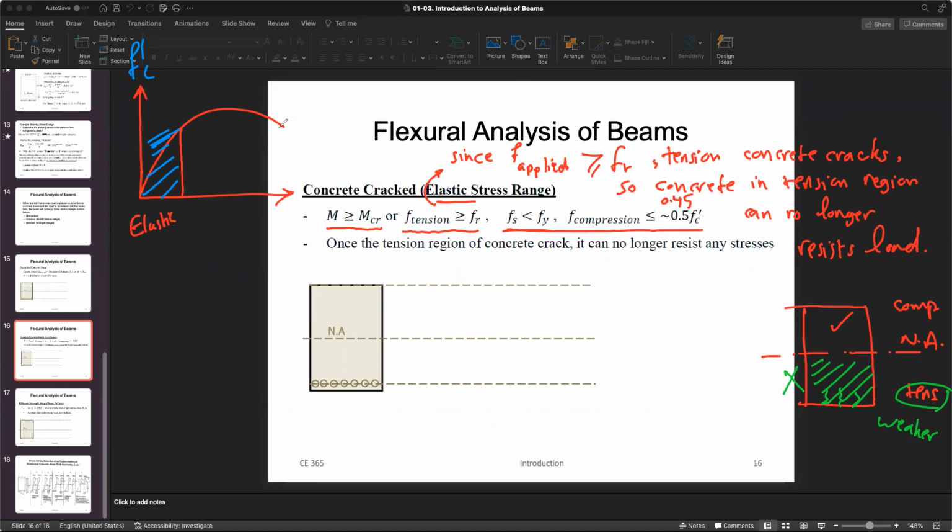We are not going all the way. It is not ultimate yet. All right. So let's look at the stress-strain diagram. It says once the tension region of the concrete cracks, it can no longer resist any stress.